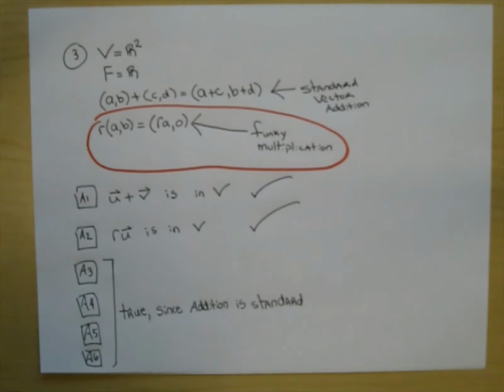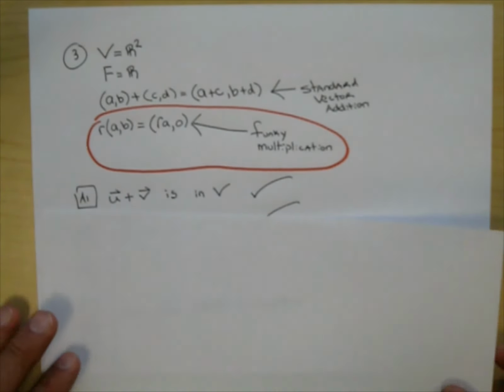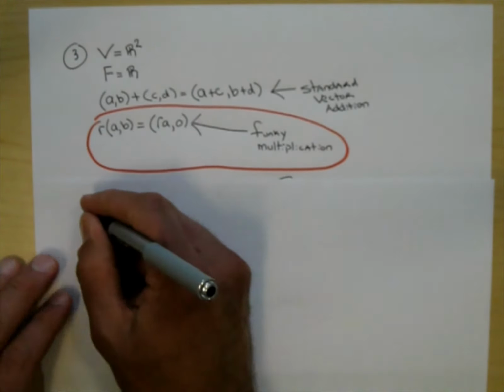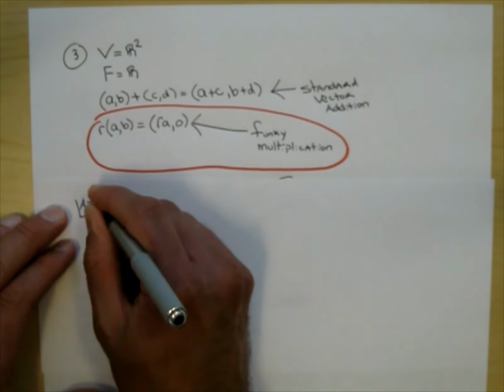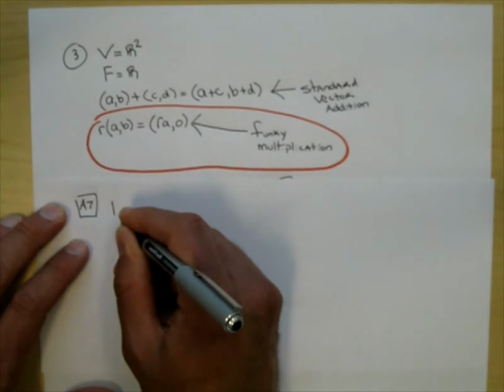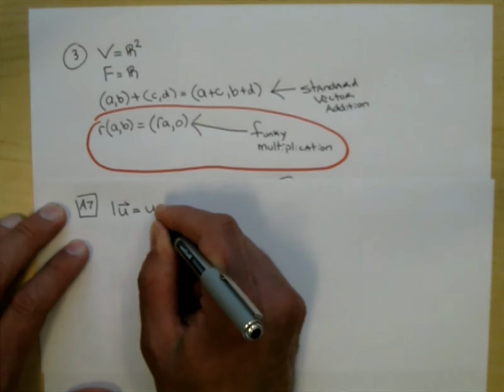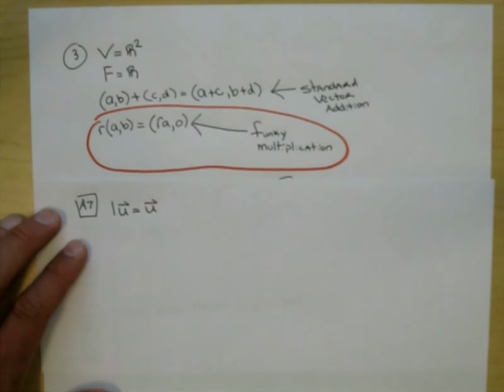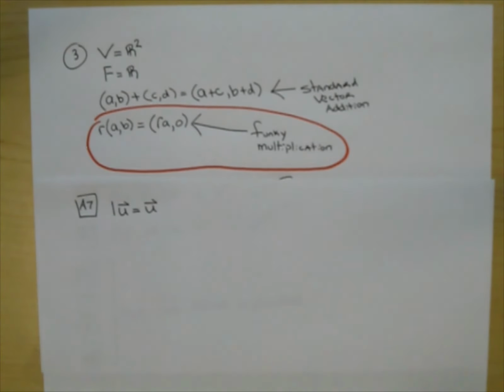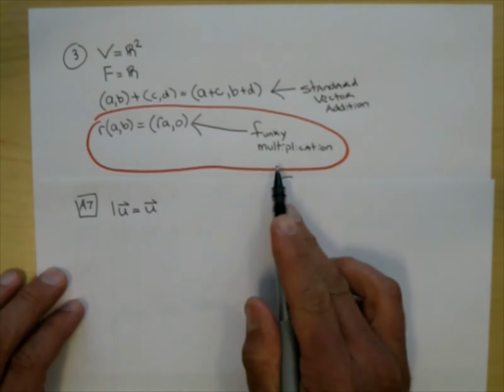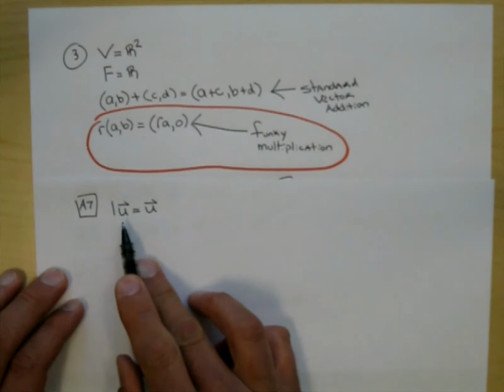Okay, let's take a look at axiom number 7. Axiom 7 says 1 times u equals u. Now, you might look at that and go, well, that should be true too, because 1 times anything should be itself. But let's look at the way funky multiplication works. This has multiplication, so we have to slow down.